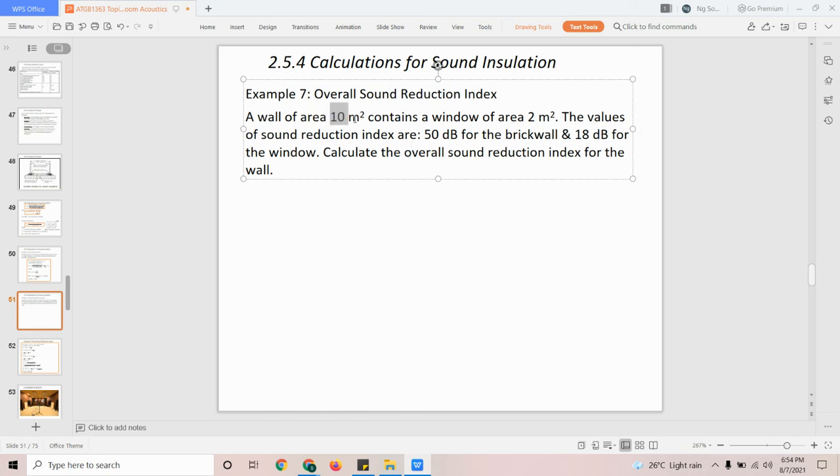You'll be given the area of the wall, which is 10 meters square, and the area of the window, which is 2 meters square. The SRI for the brick wall is 50 decibels, and for the window, 18 decibels. Based on this information, you have to calculate the overall sound reduction index.